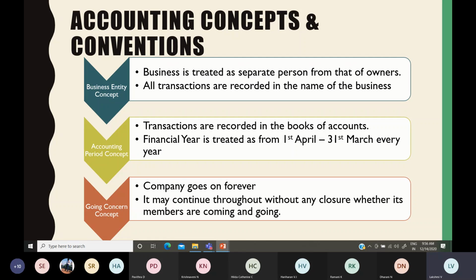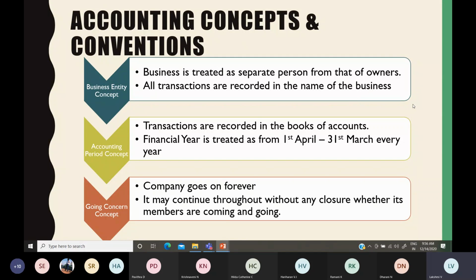There is no connection between me and that business. Whatever transactions are recorded, you have to make the entries only from the point of view of the business or the company. There is no relationship between the business and the person who has started the business.